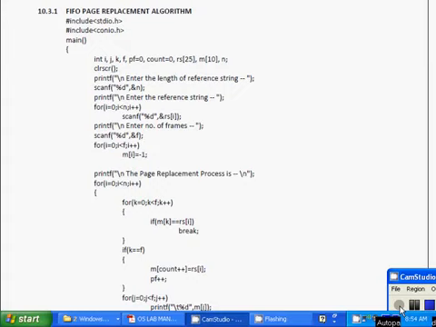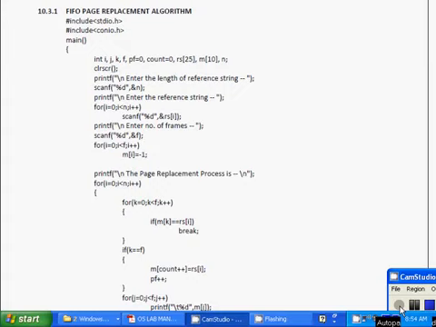If no frames are free, two page transfers are required. This situation effectively doubles the page fault service time and will increase the effective access time accordingly. This overhead can be reduced by the use of a modify bit. Each page or frame may have a modify bit associated with it in the hardware.